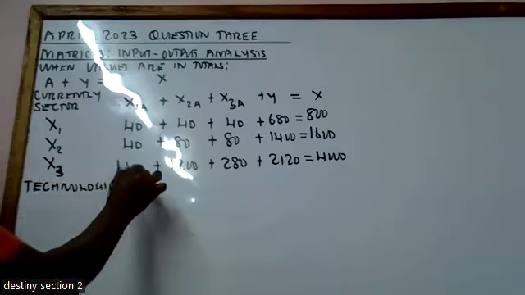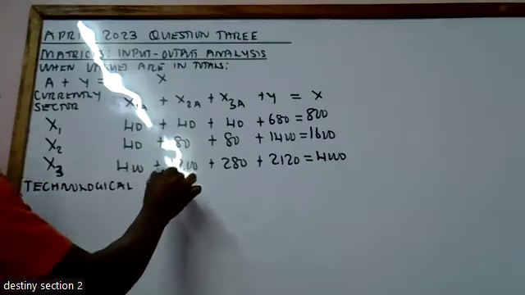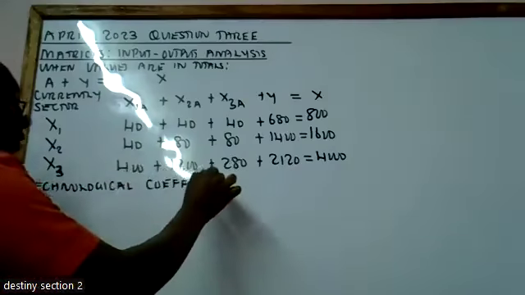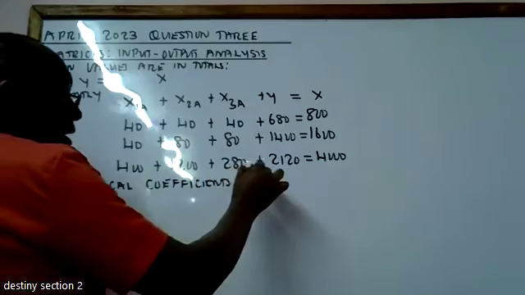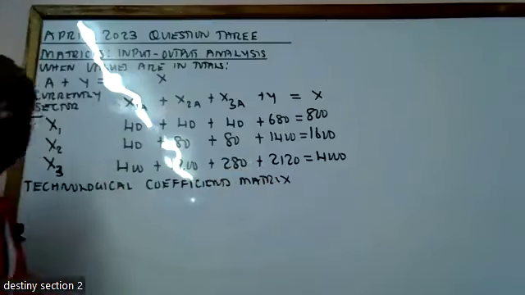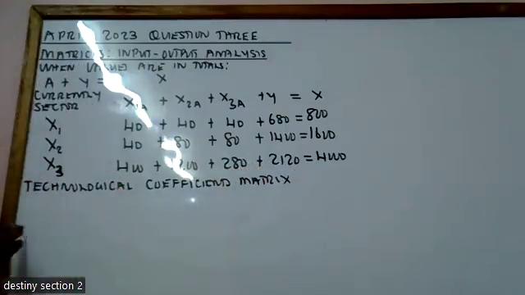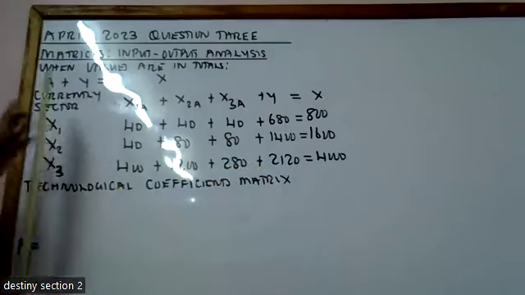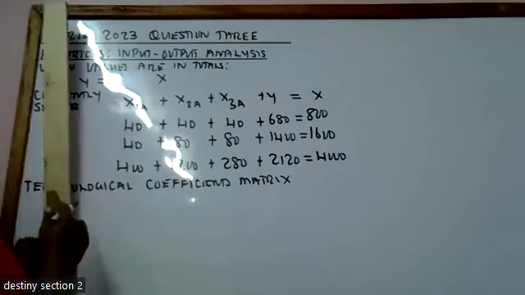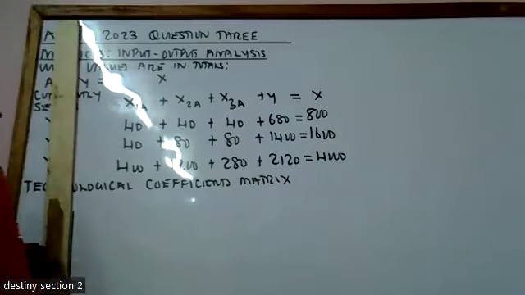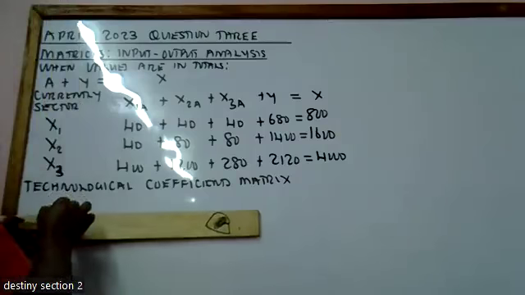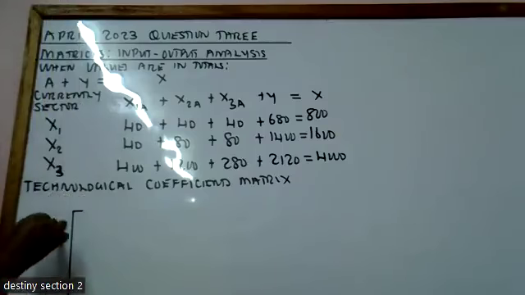Technological coefficients matrix A. We have it like this. Here we have x1.